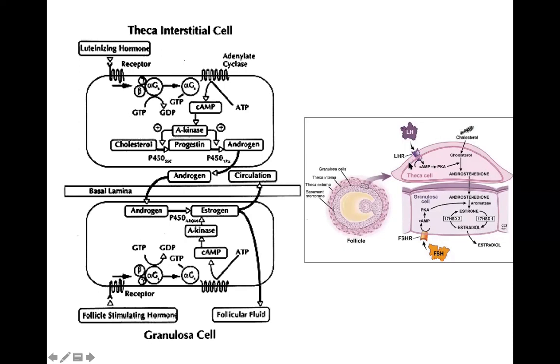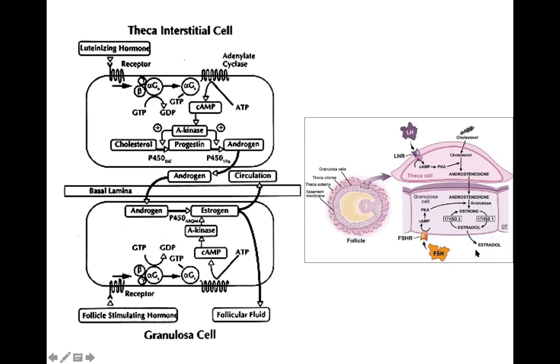As you can see, this is the thecal cell and these are the granulosa cells, same thing here. Cyclic AMP conversion to PKA helps in the conversion of cholesterol to androgen, or androstenedione, which goes through the blood, through the basal lamina, to the granulosa cells, where it is converted into estradiol.